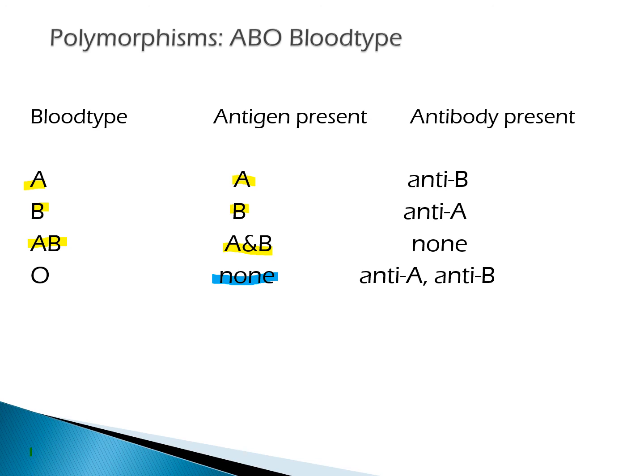Okay, but here's the other reason why type O blood people are basically hunted down by the blood bank.